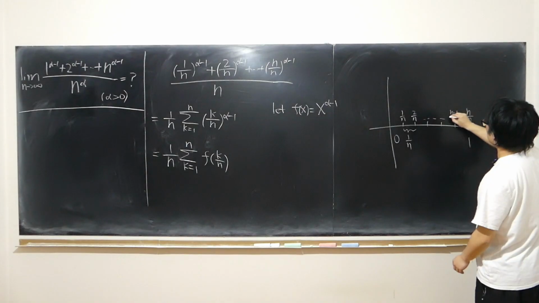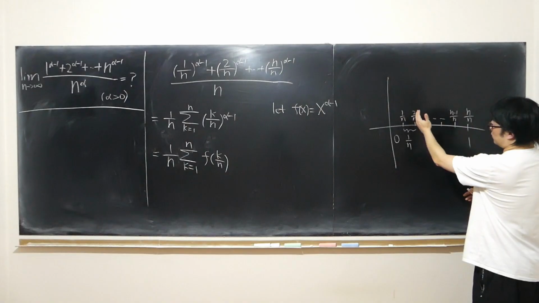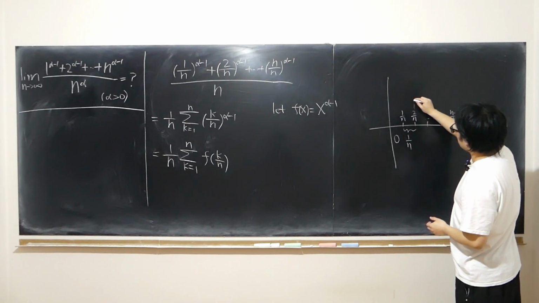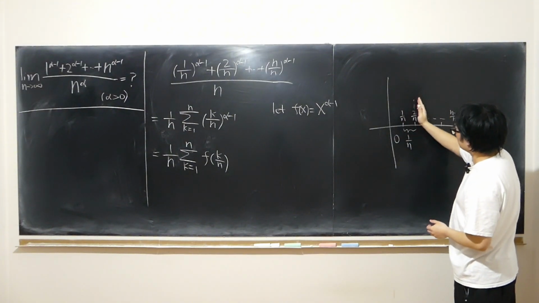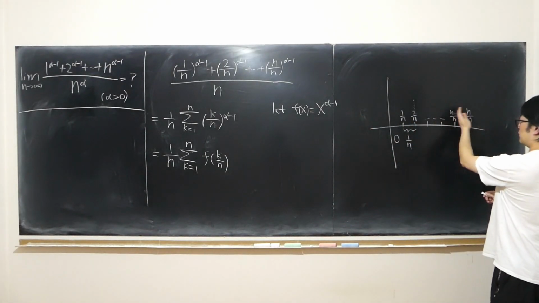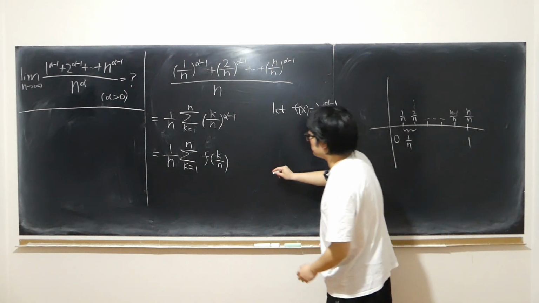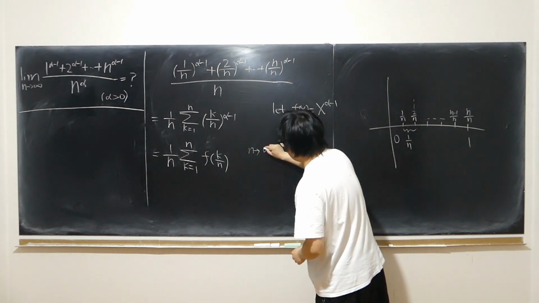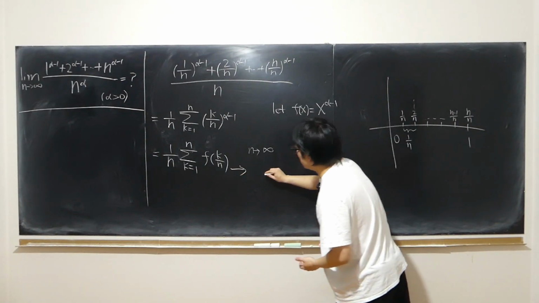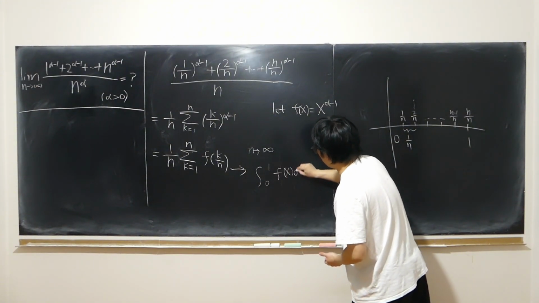So you take the width of each small interval and multiply by the value of f taken at the right edge of each small interval, that is f of k over n, k equal to 1, 2, 3, all the way to n. That is exactly the definition of Riemann sum. And if you let n approach infinity, you immediately get that this will approach the integral from 0 to 1 of f of x dx.